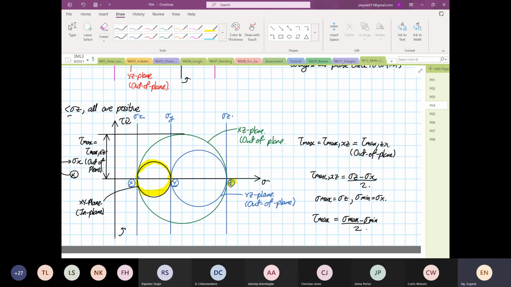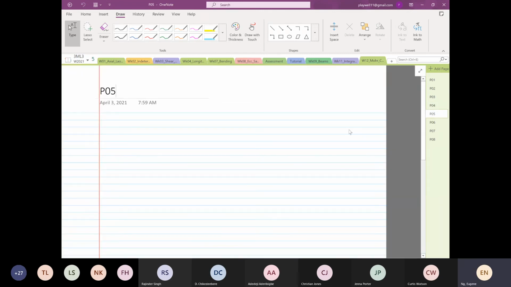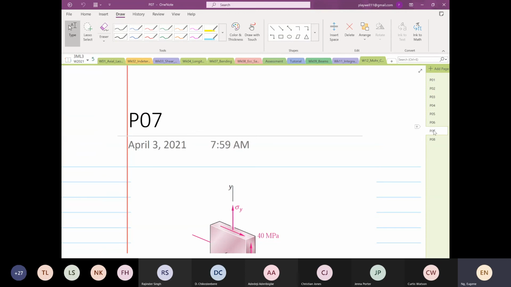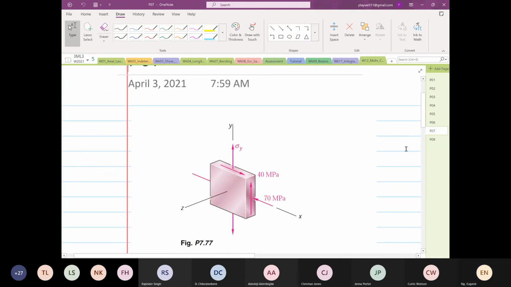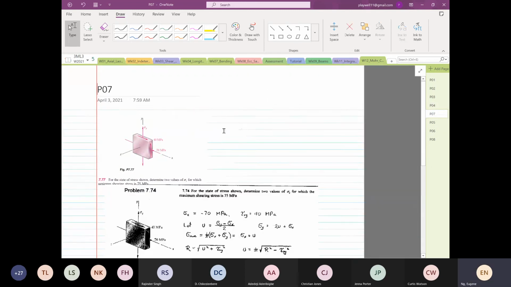Now we're going to go for an example. We look at an example, and this example I have uploaded on Avenue to Learn. So I'm going to bring this here. Sorry, Eugene, could you go back for a second? Yep, I can.